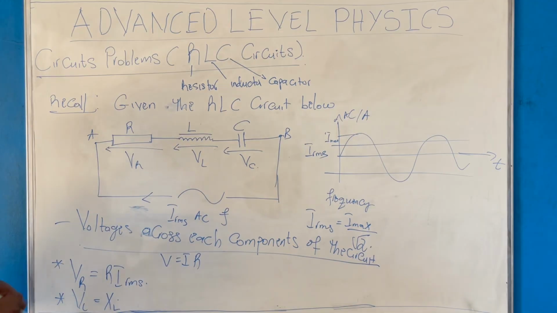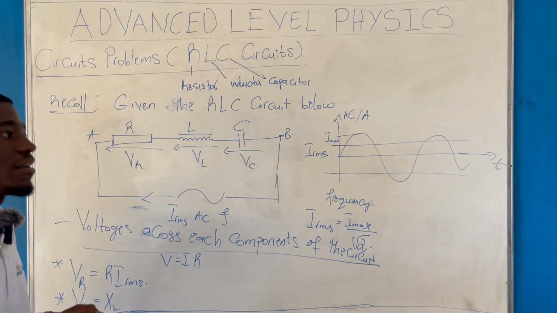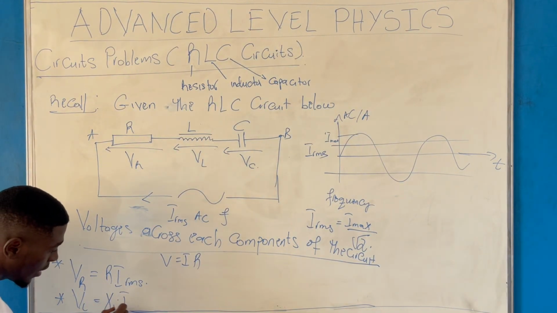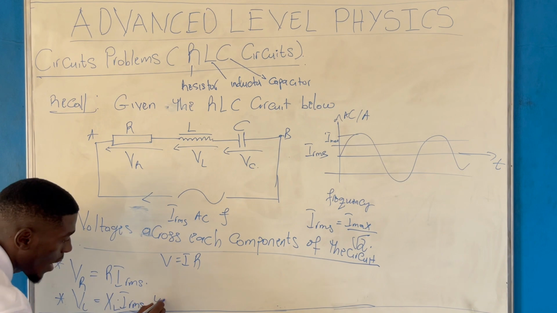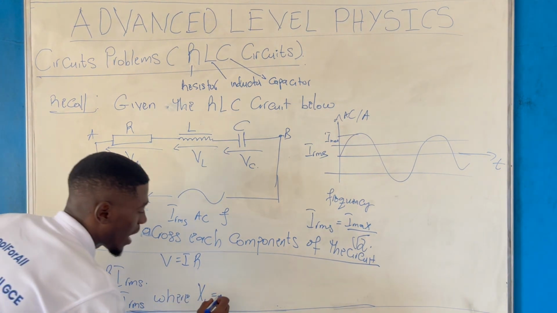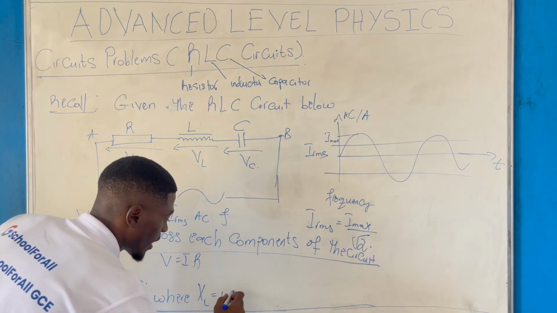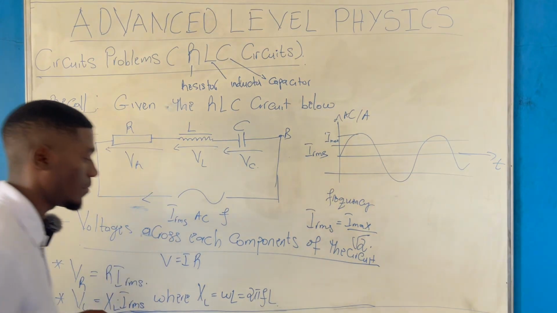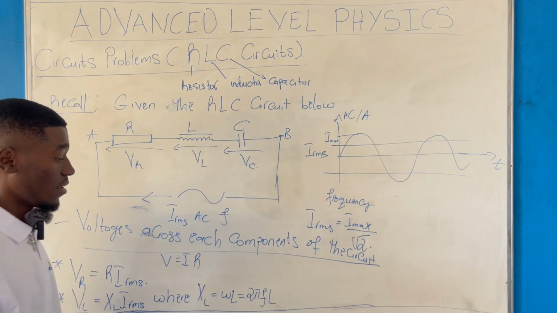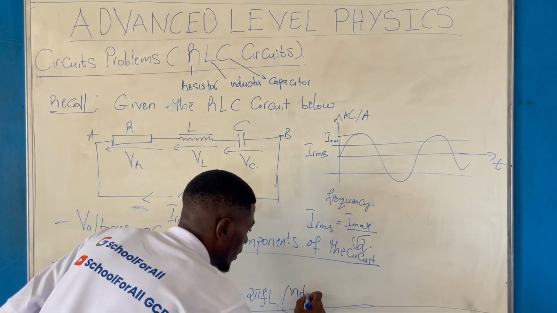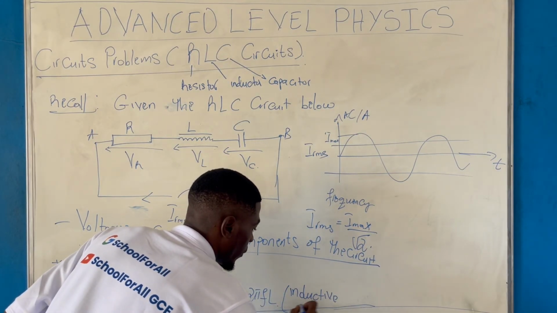It has its own formula because it also depends on frequency. So VL is XL times I RMS, where XL is simply equal to the angular frequency times L, which is the same as 2 pi f L, because angular frequency is 2 pi f. And let me give it its name: it is called inductive reactance.